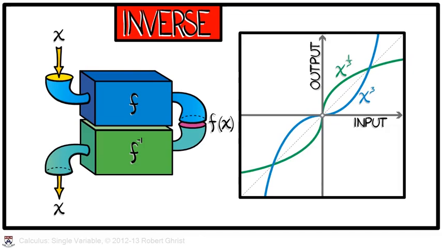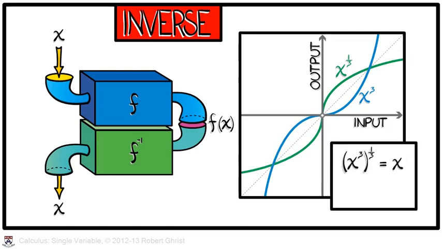Or geometrically, we are flipping the graph of this function along the diagonal line where the input and the output are equal. Of course, we can also think in terms of what the inverse has to satisfy. If we do x cubed and then take its cube root, we get x. Or the other way around, if we take the cube root of x and cube it, we get x.